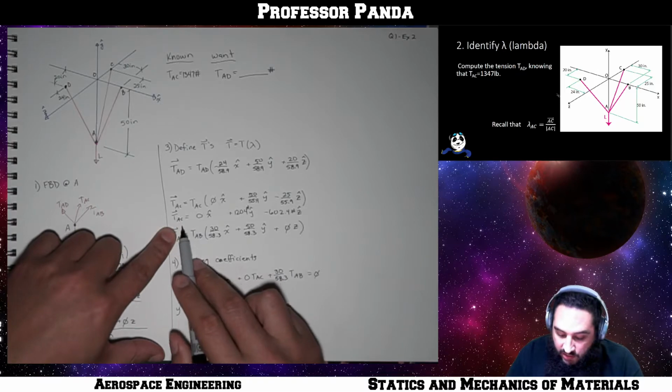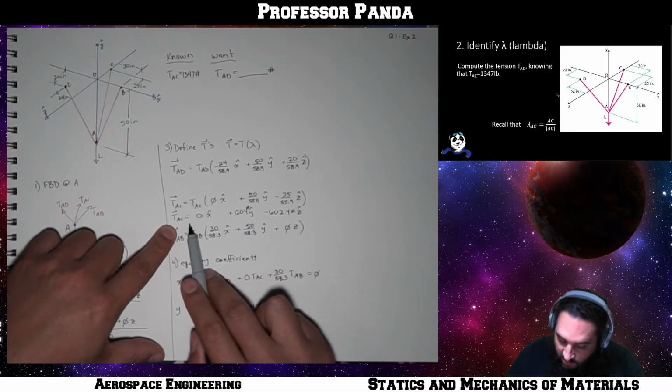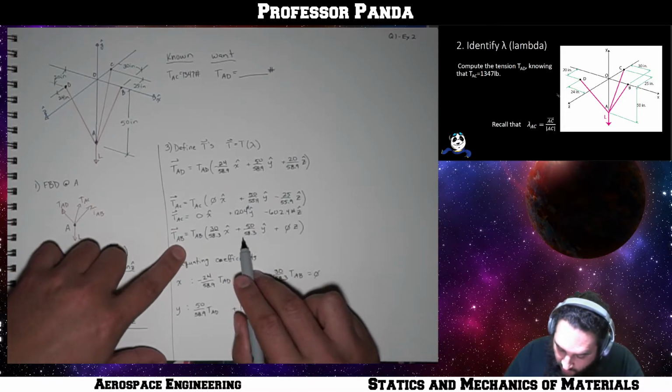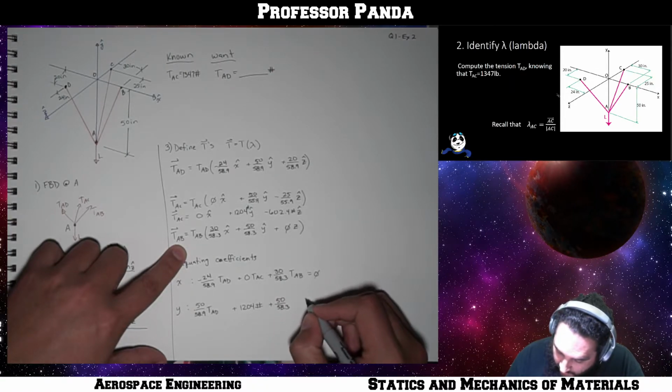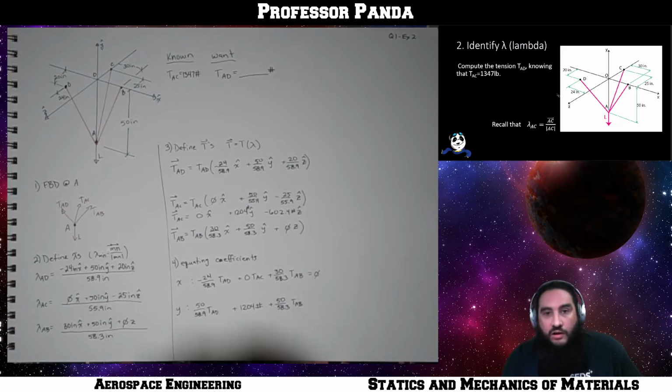TAC, we already destroyed that variable and put it in there, so there's no longer a variable in this equation. Okay, and then last one, plus 50 over 58.3 TAB. And set that equal to 0, but then you'd be wrong.